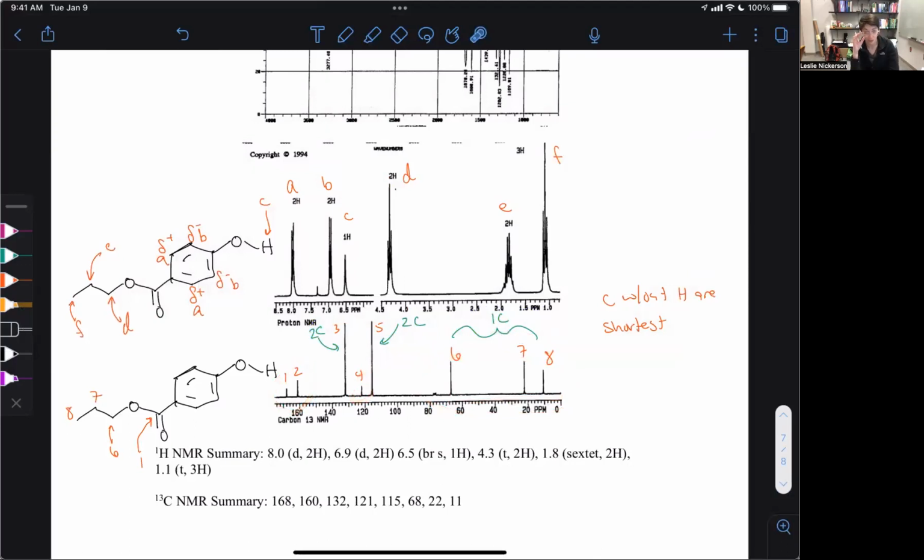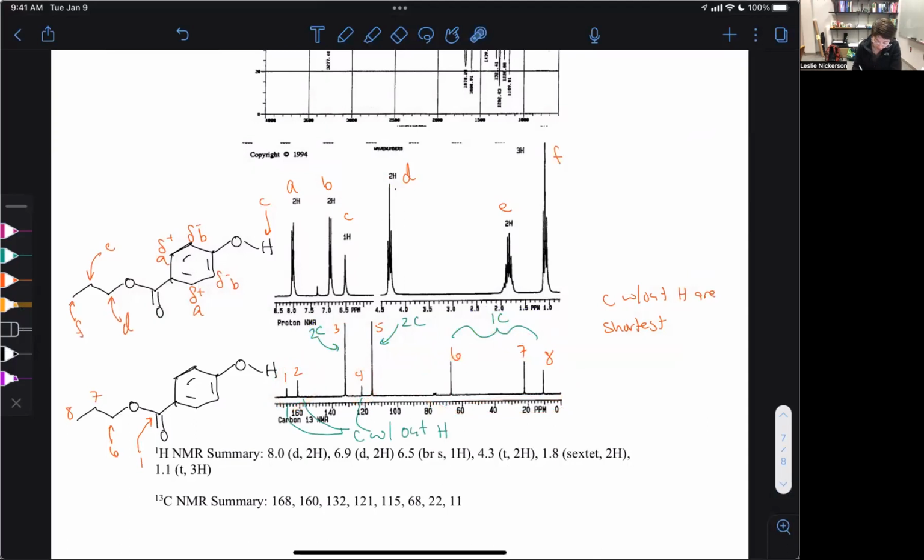So when we don't have those protons around, that signal becomes a lot smaller. So these are all going to be our carbons without hydrogens on them. Okay, and they're all 1 carbon each.